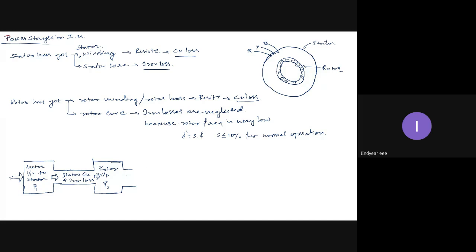Then there exists rotor copper loss. Then the remaining power after rotor copper loss is developed in the form of mechanical power.